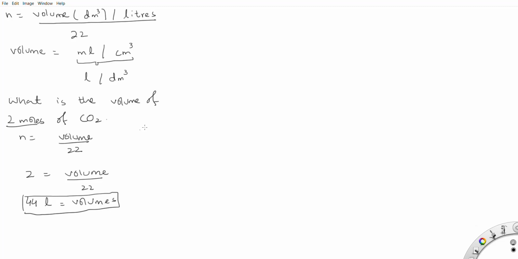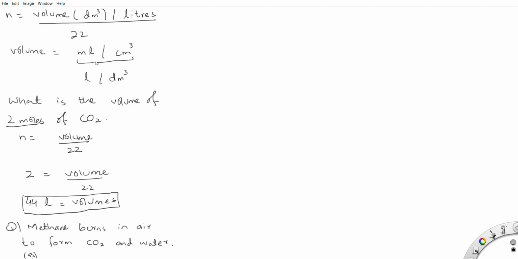Now we can even merge all these formulas into a single question, such as: methane burns in air to form carbon dioxide and water. That's the equation here.